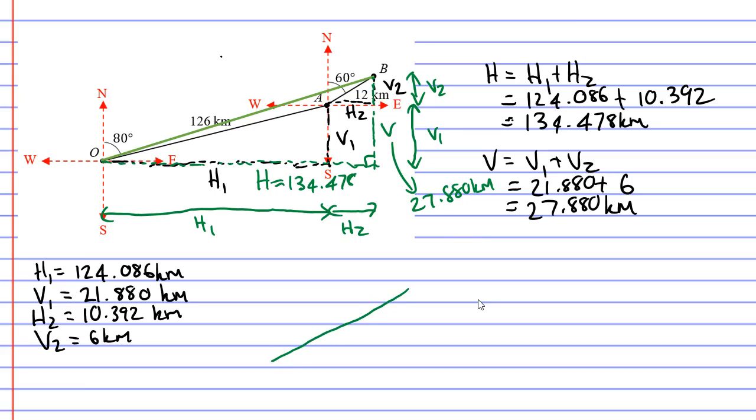Now once again our screen is getting a bit messy, so we need to redraw this triangle somewhere else down here, a nice right angled triangle, and we've found out that our vertical component is 27.88, we won't worry about the 0, and our horizontal component is 134.478 kilometers.